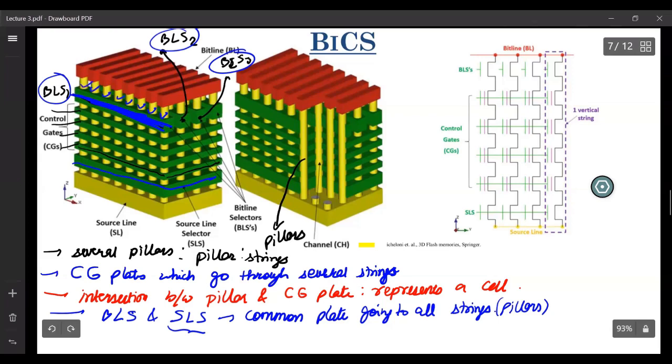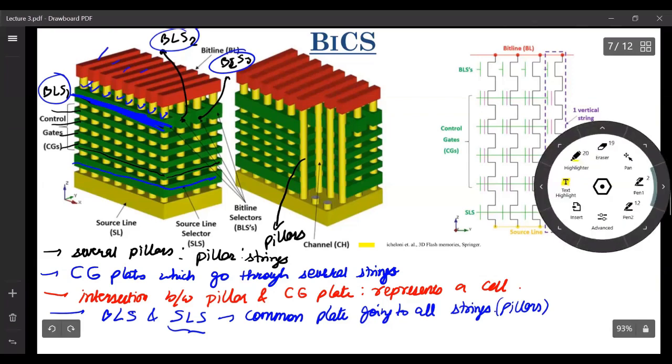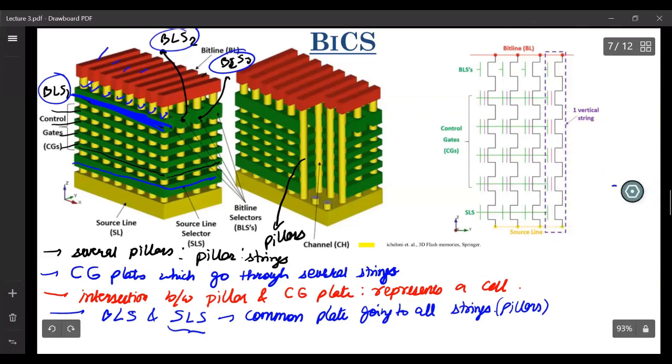Then these are your bitlines. So what you do is apply bitline 0 volts on all others, and you only apply the bitline voltage on the particular string that you want to read.